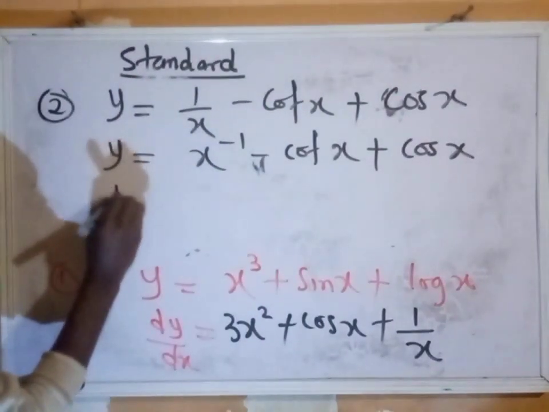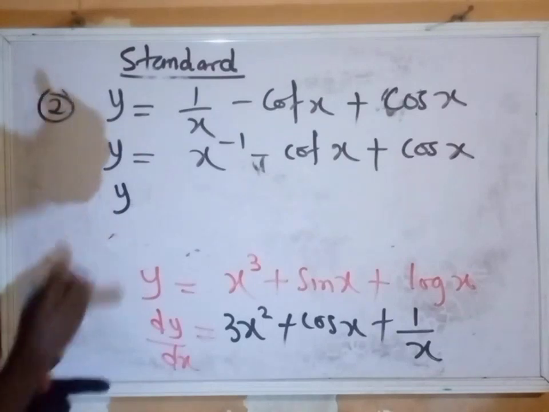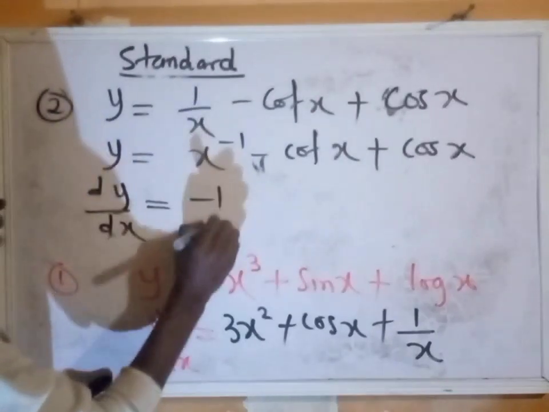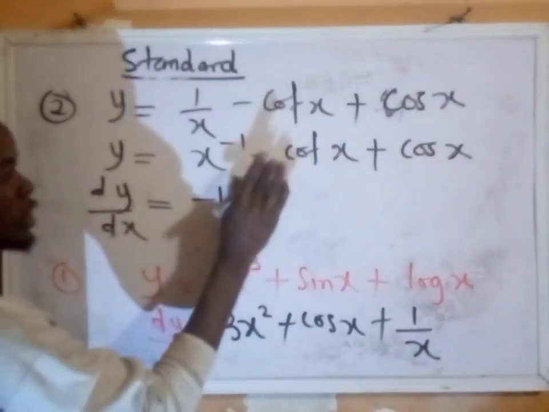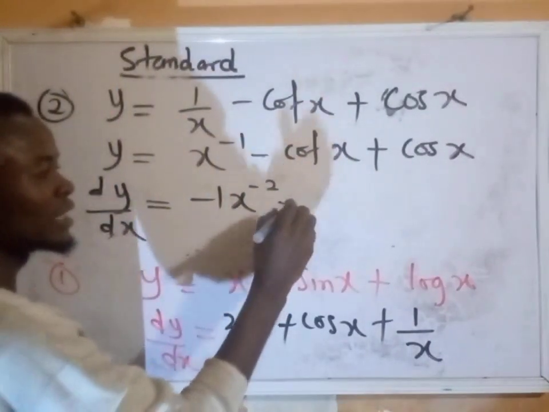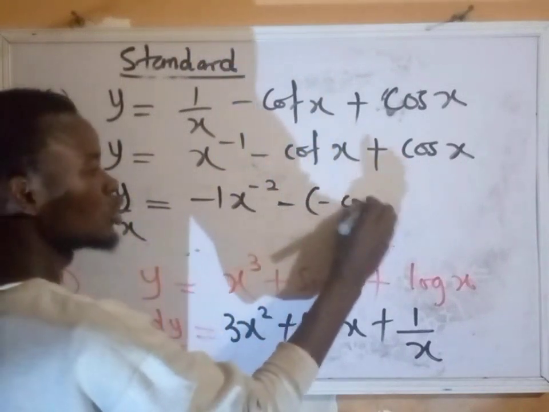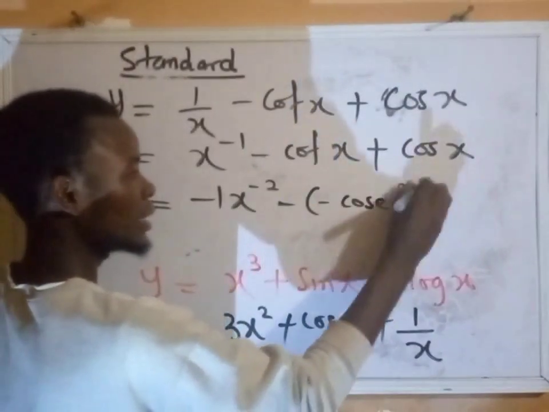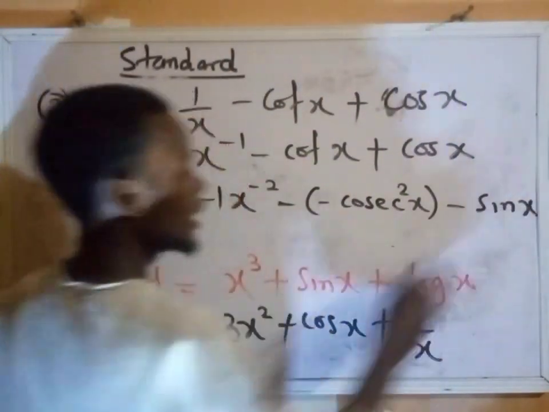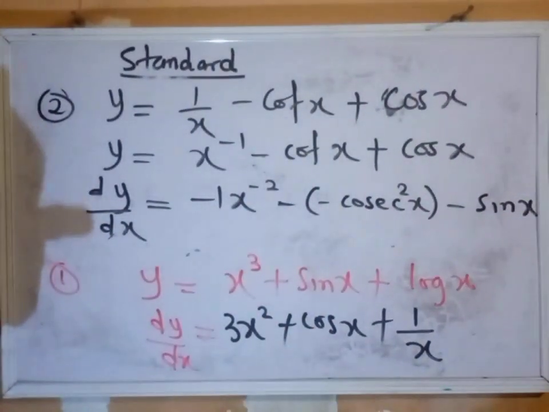Here dy over dx equals minus 1 times x raised to the power of minus 2, but the derivative of cot x is minus cosec square x, while the derivative of cos x is minus sine of x.